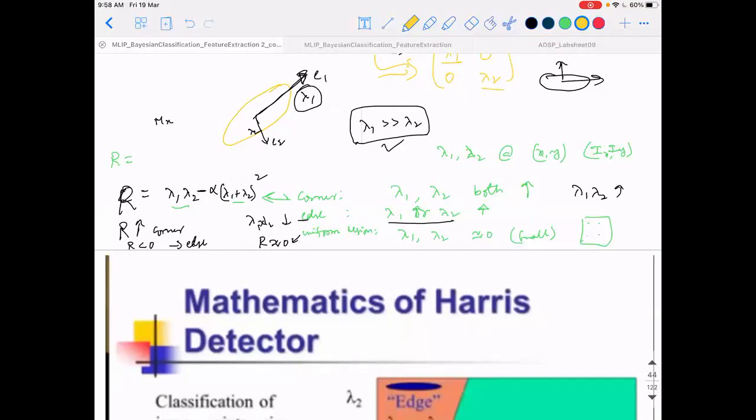Lambda 1 lambda 2, the product of eigenvalues, is the determinant of matrix M, minus alpha times lambda 1 plus lambda 2, which is the trace. So just take the matrix elements and find R, and based on it, you tell whether it is an edge, a corner, or a uniform region.